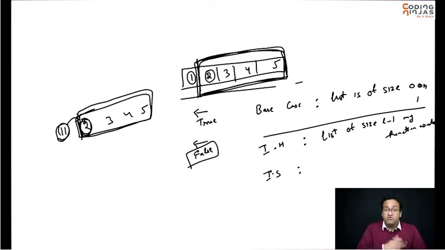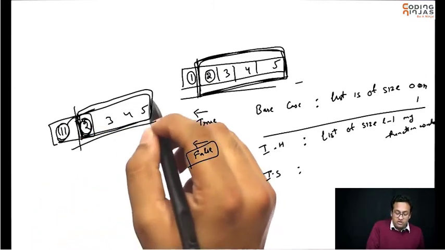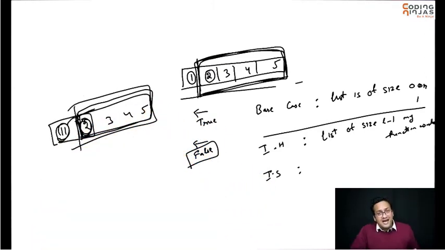Now irrespective of what is in the rest of the list, this list is not going to be sorted. Okay, so I'm going to first check if this order is fine, then I'm going to call on this part of the list and this will return me the right thing. This function will work fine because I am taking care of the base case, I am taking care of the induction step. The induction hypothesis is going to work fine.